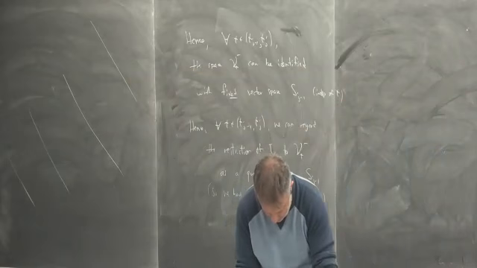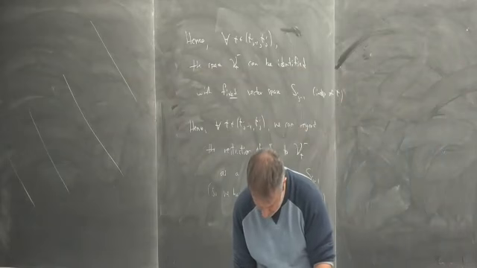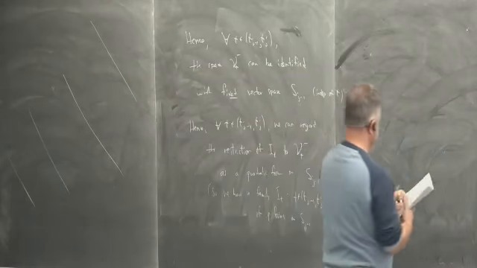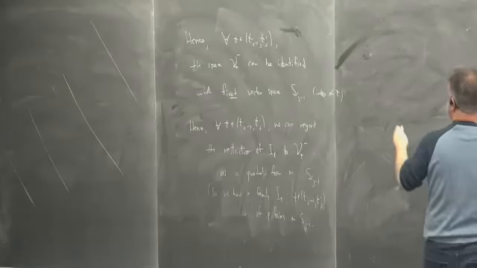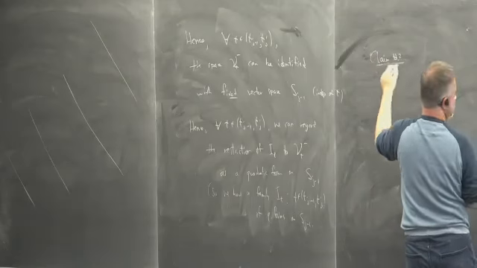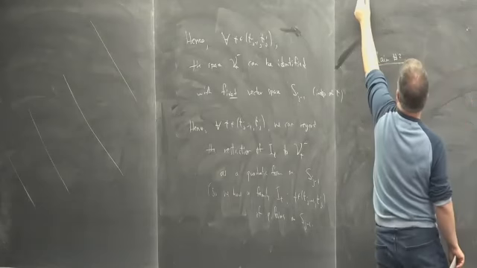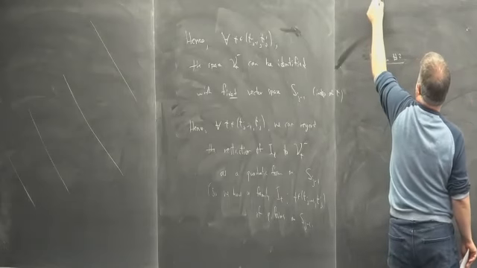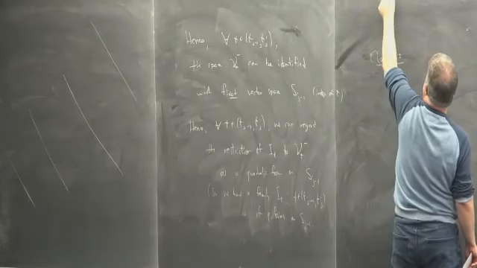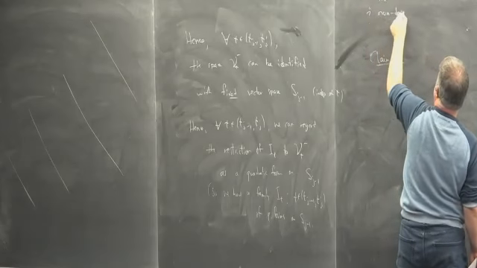So we have 3 more claims to prove, and then we'll be done. So claim number 2, claim number 1 was that I was non-decreasing, right? So I restricted to some small epsilon is identically 0, and I is non-decreasing.